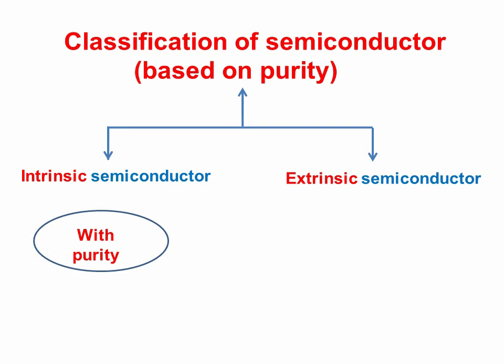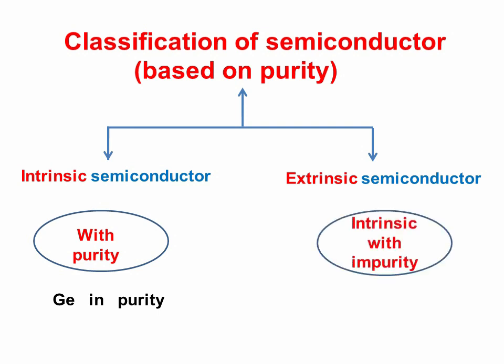Here number of electrons is equal to number of holes. So, the electrical conductivity is very small. Example of intrinsic semiconductor: germanium and silicon, which are in pure form.